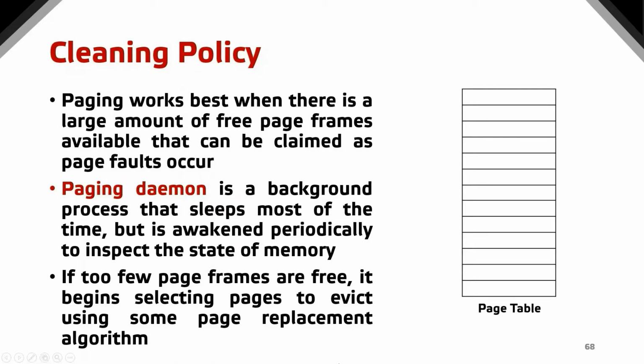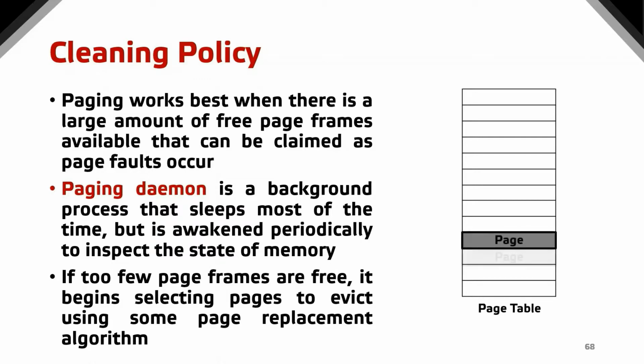Sometimes we may need to clean up all dirty pages in our page table so the paging will work better. That is where the paging daemon comes in handy. It is a background process that sleeps most of the time but is awakened periodically to inspect the state of memory using some algorithm.